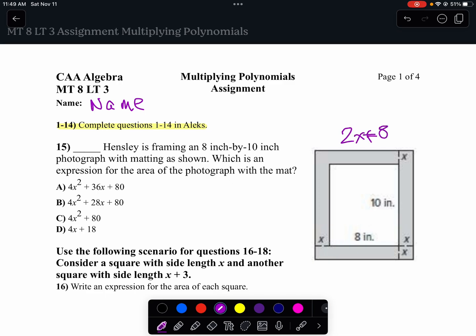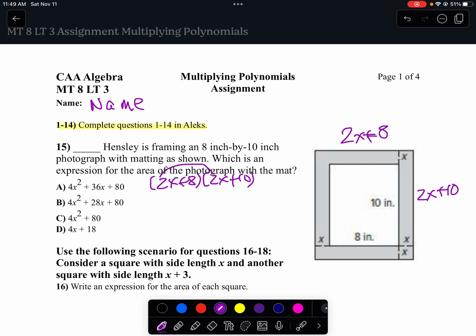And we'll do the same thing for the width. That looks like 2x plus 10. So in other words, we take 2x plus 8 times 2x plus 10. This is similar to the problems you did in ALEKS, except you had to look at the rectangle here.